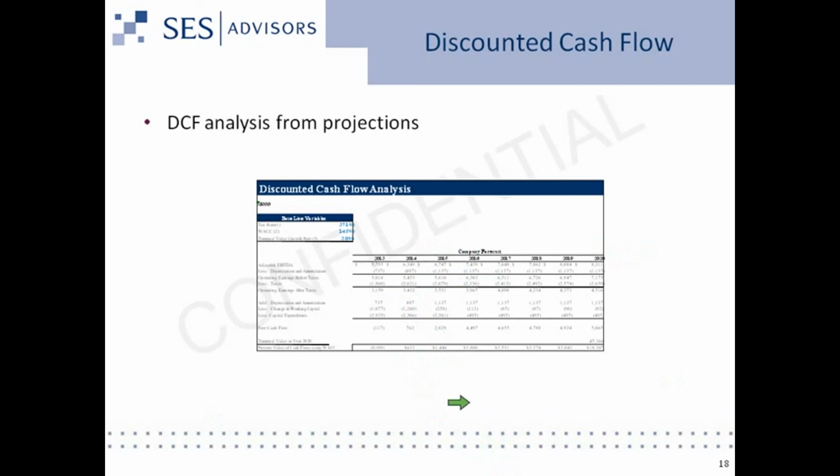And if you've ever seen DCF models, then you have here a perpetuity amount, which basically takes care of all these years going out here. So that little number right there is essentially giving you the value of all of these projections going out into infinity. It's always fun to think about these things lasting forever.